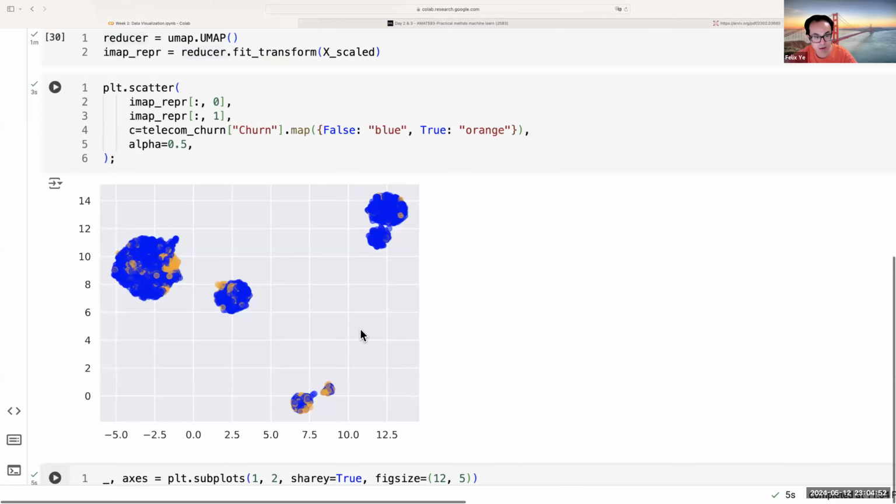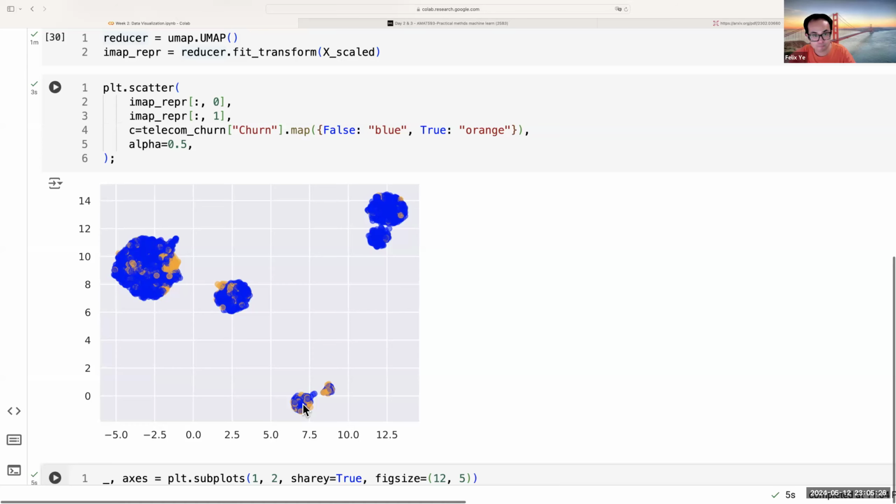So the high churn rate corresponds exactly to the group that has international plans but without the voicemail plans. This corresponds to this little blob right here.